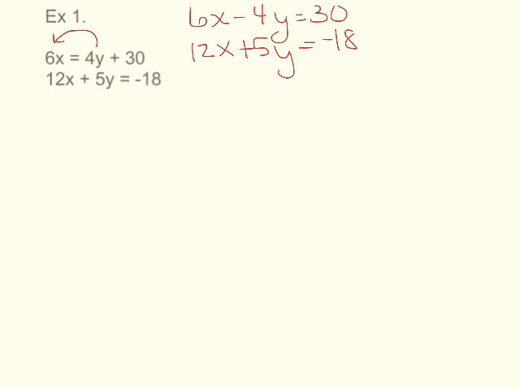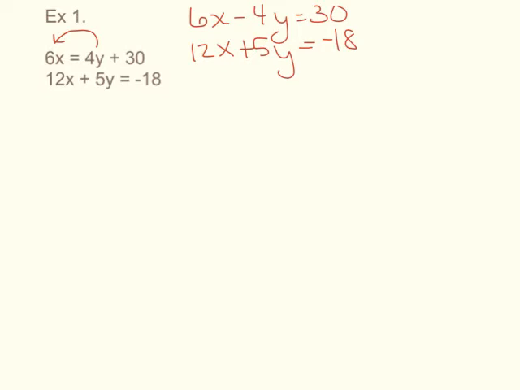Now I'm going to look at my goal, which is to multiply one of them or both of them to get opposites. I'm going to multiply this whole top one by -2 because my goal is to get rid of the x's, and in order to do that, I need opposites.